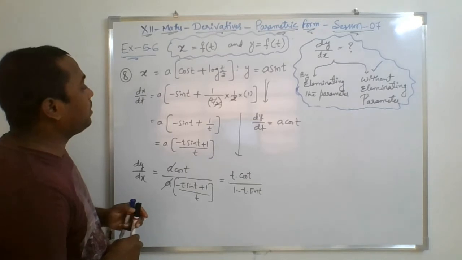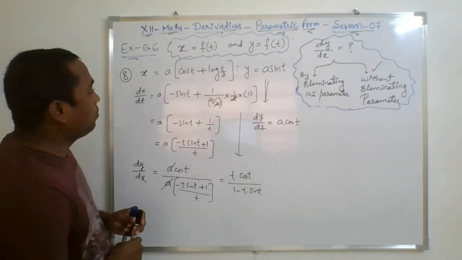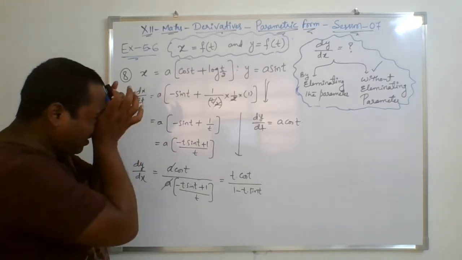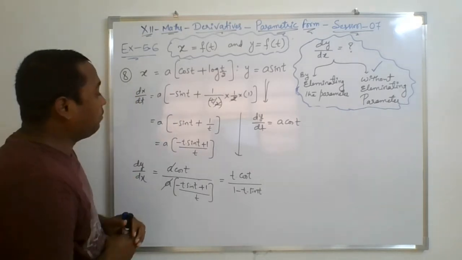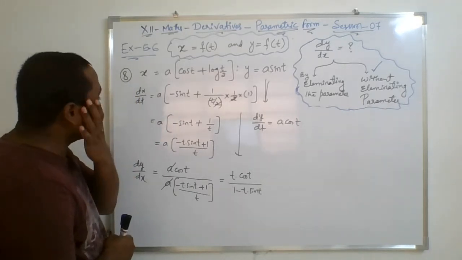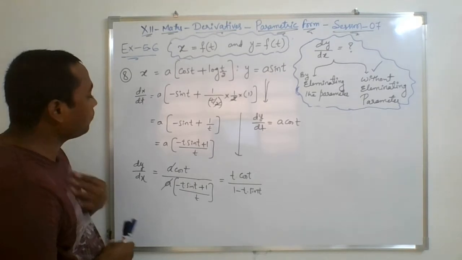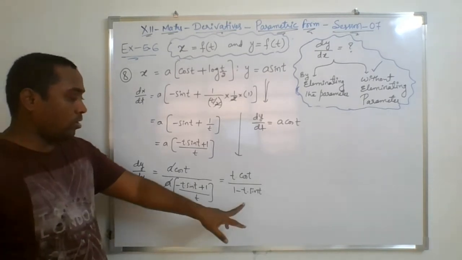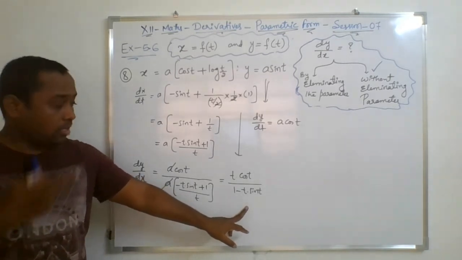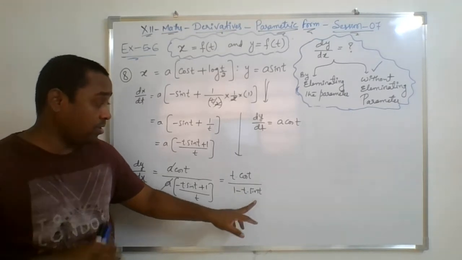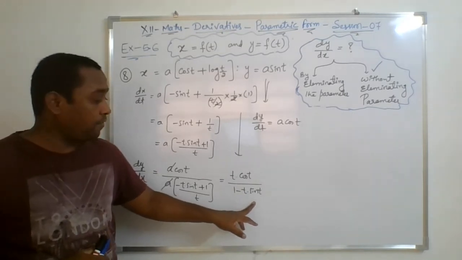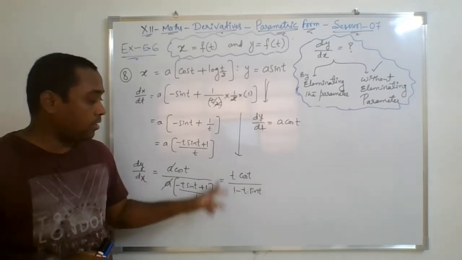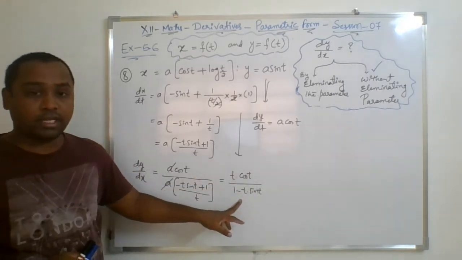T by 2 means 1 by 2 with 1. Fine. So you may leave the answer over here. Otherwise, you may also simplify further if you want to. This is a final answer, you could say.